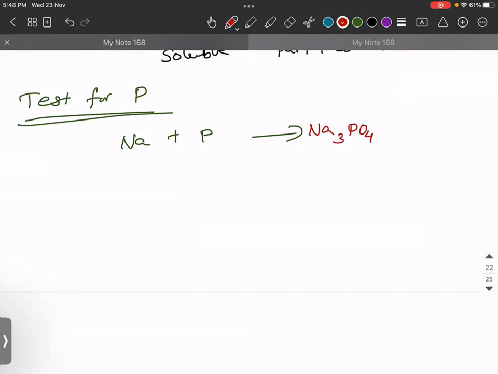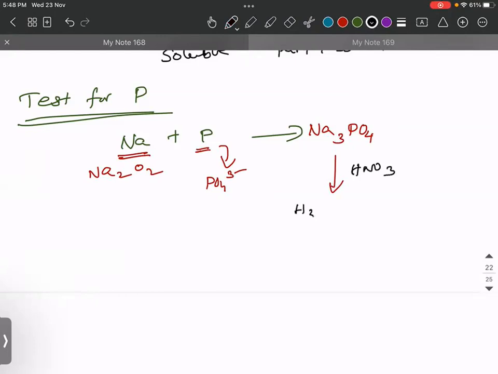Again, the solution is boiled with HNO3 and treated with ammonium molybdate. So instead of sodium, we have to use Na2O2, sodium peroxide. The phosphorus gets oxidized into PO4 3-. Now you treat this with HNO3.